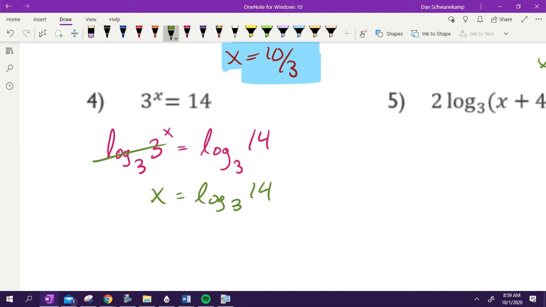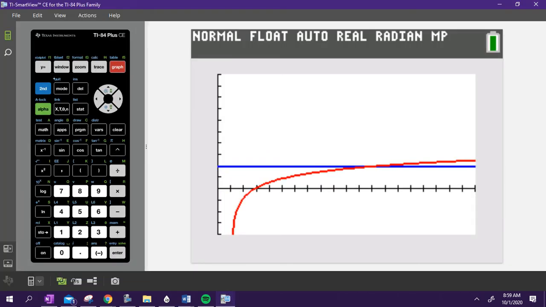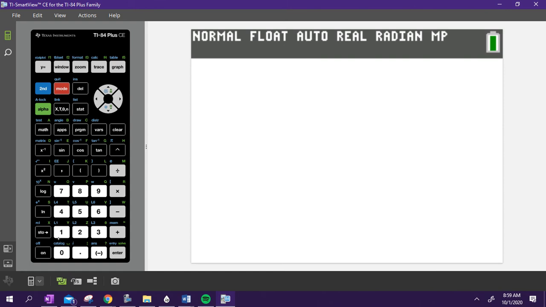This is the exact answer. Okay? This is exact because I've got all the numbers. I didn't have to round it. I didn't have to type into my calculator. If I were asking you for the approximate answer, then you got to type it into your calculator and get 3 decimals. Okay, so remember we did this all day yesterday. To do that, you could do log of the number divided by log of the base. You could type it in like that.